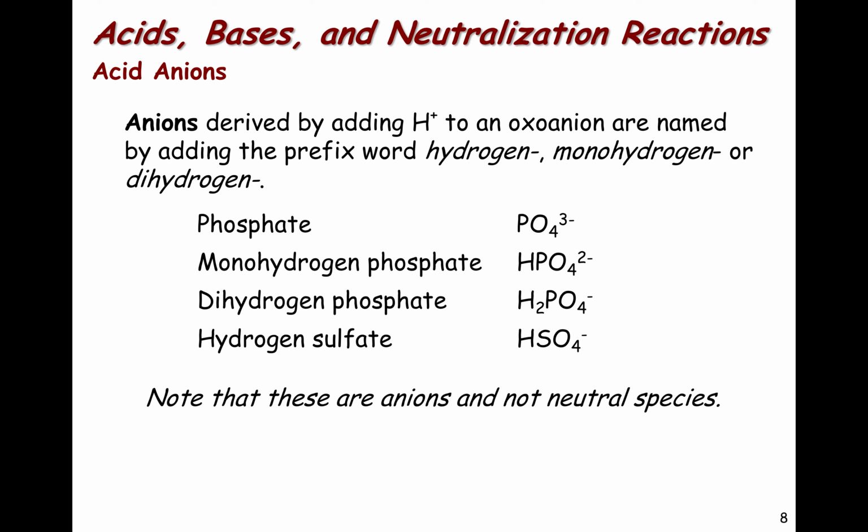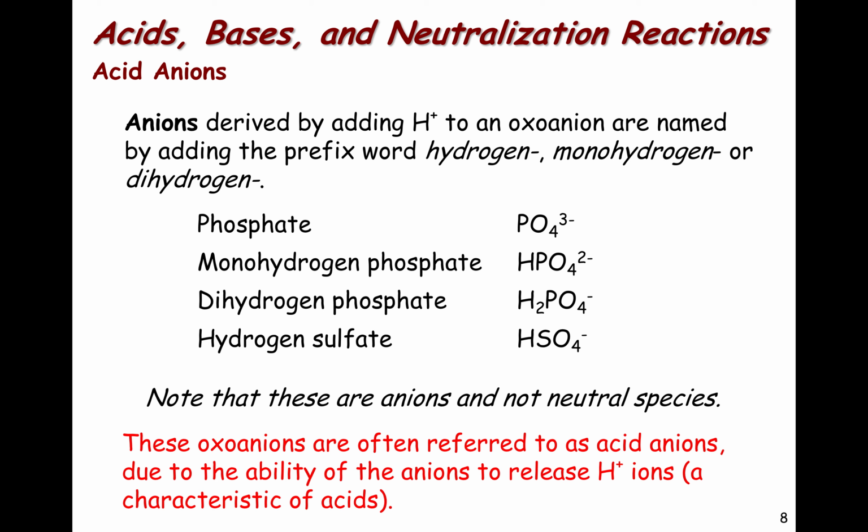However, if we start giving the hydrogen ion to the phosphate, we could produce two other ions. The first is to give one H plus to the PO4 3-. This provides the compound that we call the monohydrogen phosphate ion. You'll notice that the negative charge of this ion has gone down by 1 in comparison to phosphate.